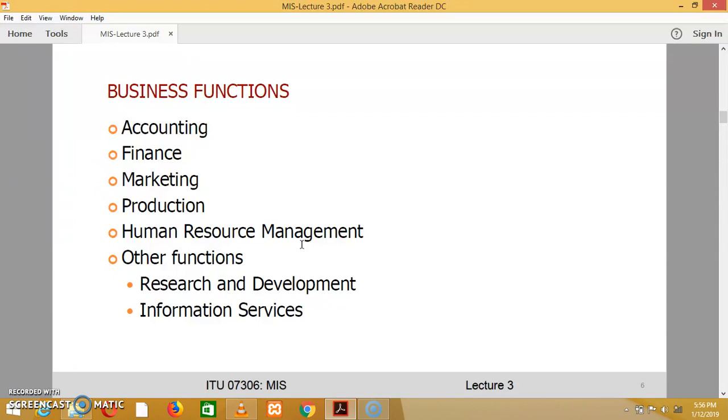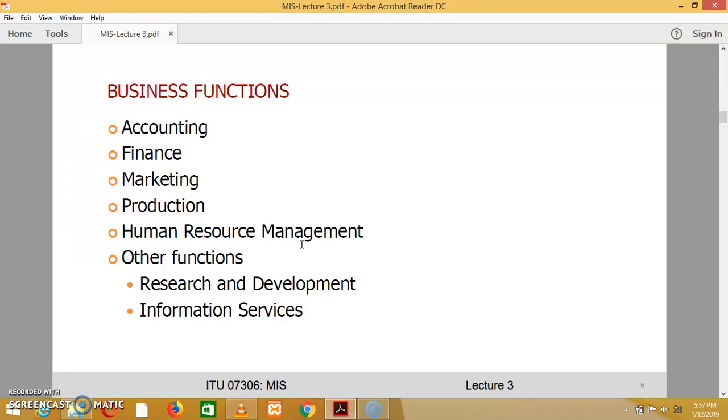And also we have the finance function. This is basically used to allocate resources for running the organization. And marketing is a function used to introduce the product that the company produces to the customers, providing sales and making the company known and identified by its customers.